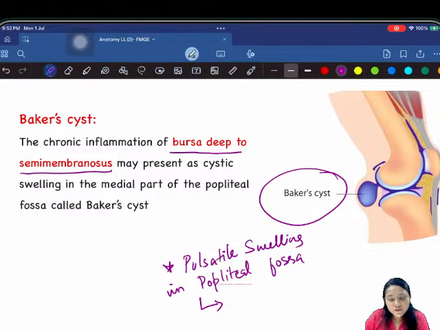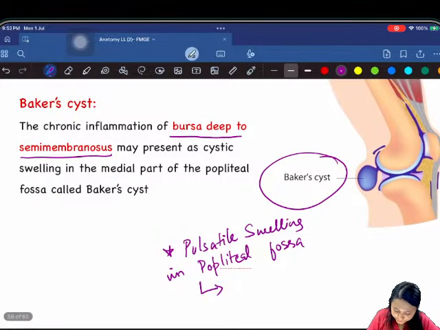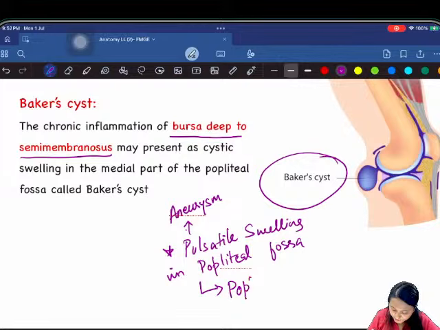What is the diagnosis of pulsatile swelling in the popliteal fossa? Anyone in the chat? So anything which is pulsatile, I told you, anything which is pulsatile is aneurysm. And aneurysm in the popliteal fossa is known as popliteal aneurysm.